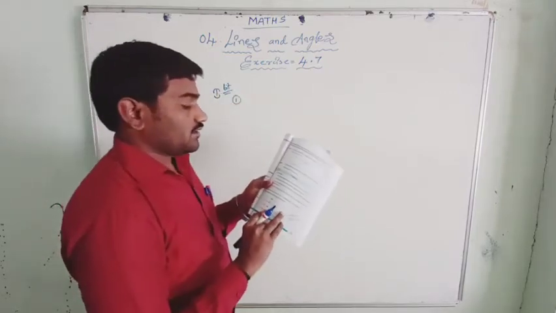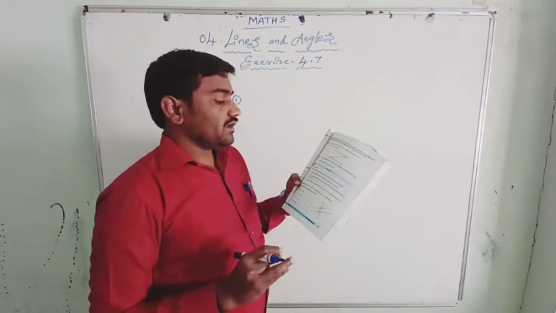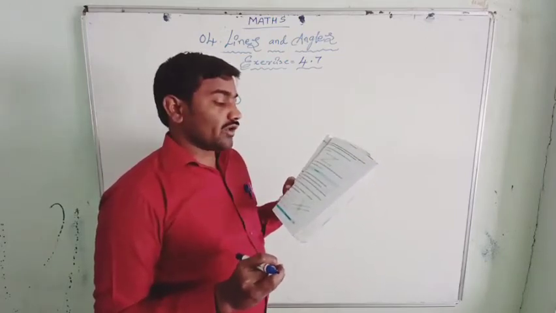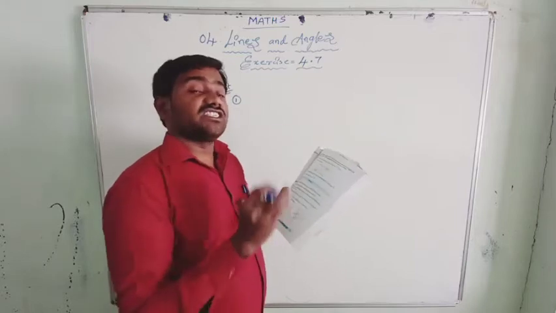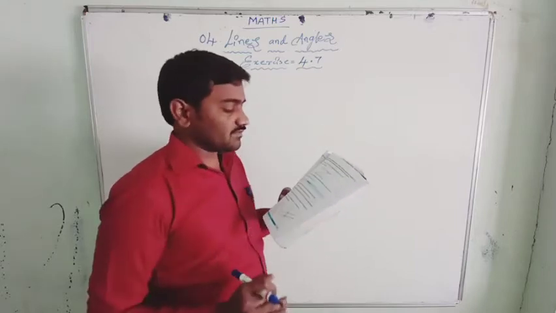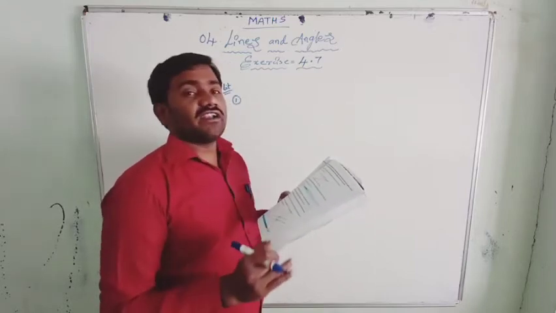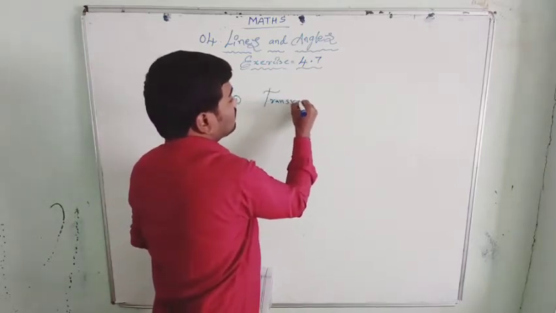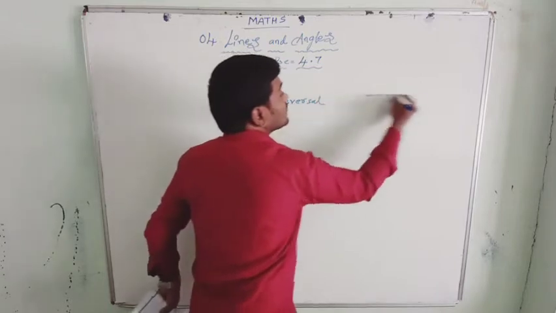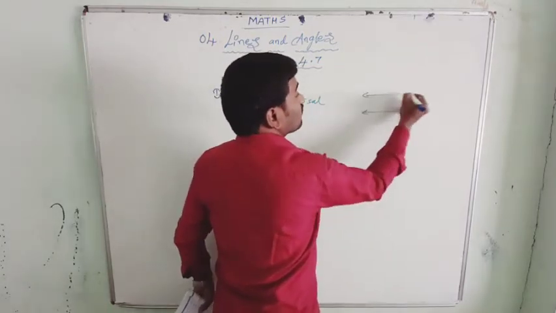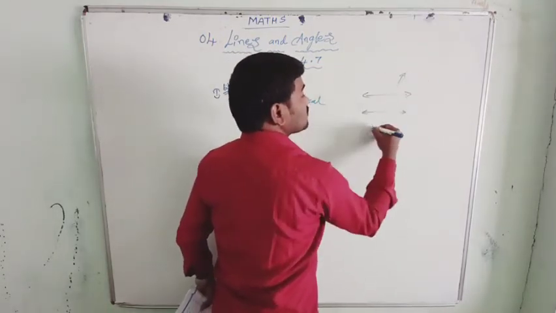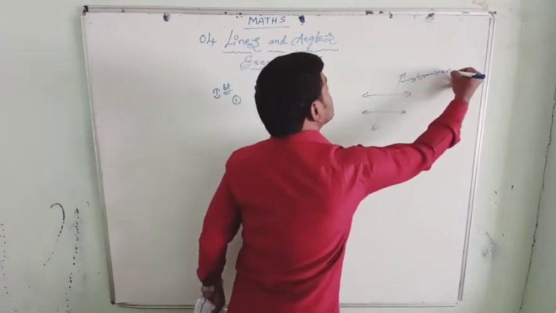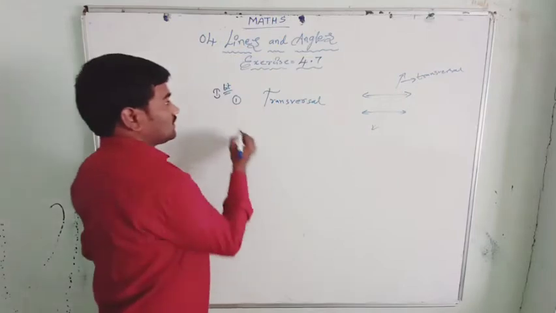First one: the line which intersects two or more lines at distinct points is called dash, that is a transversal. A line intersecting two or more lines at distinct points is called a transversal.